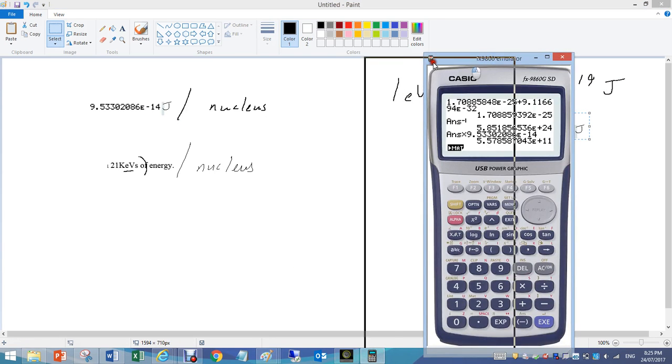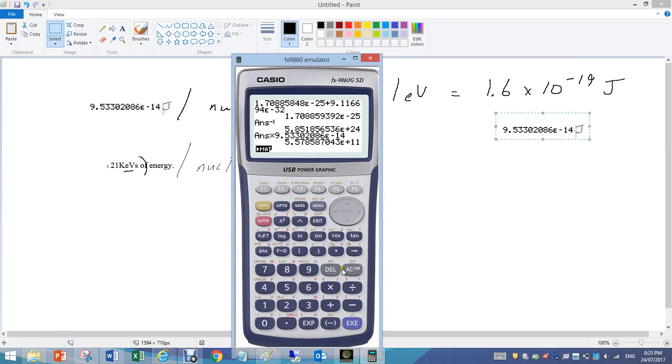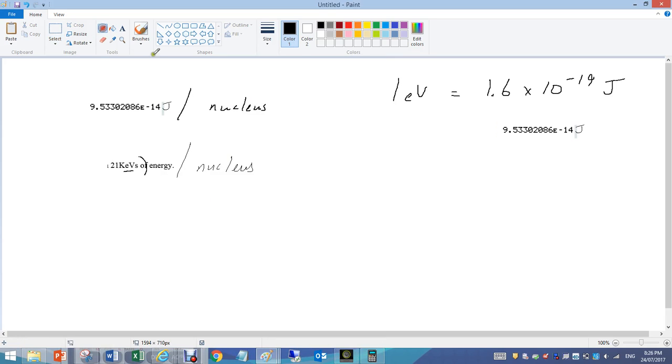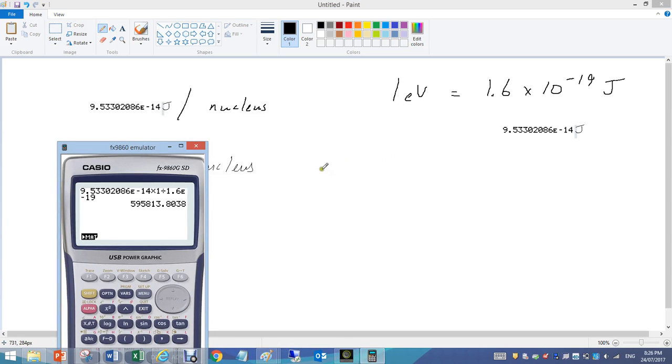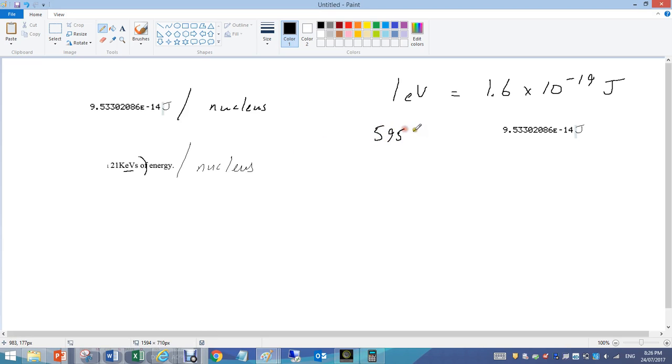So we'll do 9.53302086 by 10 to the negative 14 times 1 divided by 1.6 by 10 to the negative 19, and it gives us 595813 will do. electron volts.